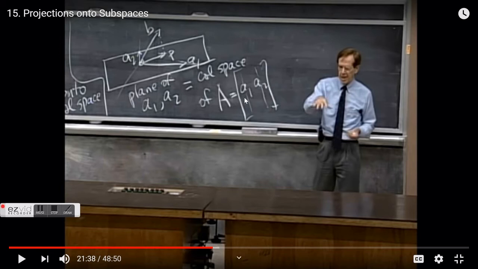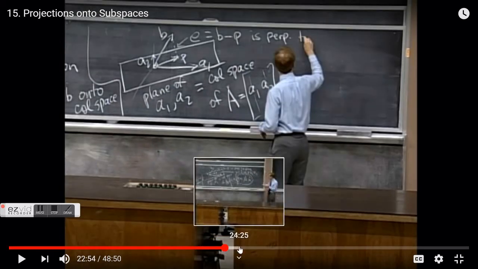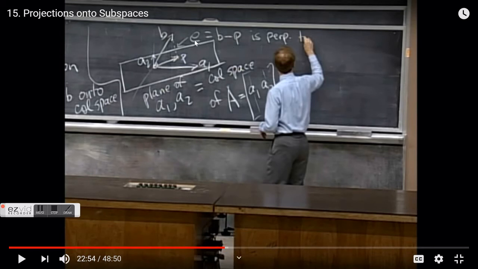So it means our matrix A consists of two columns, and if you take a linear combination of these two columns, it will make a plane. So now we are dropping B onto the plane. Now if we drop B onto this plane to find the projection P, how do we proceed? The procedure is exactly the same.